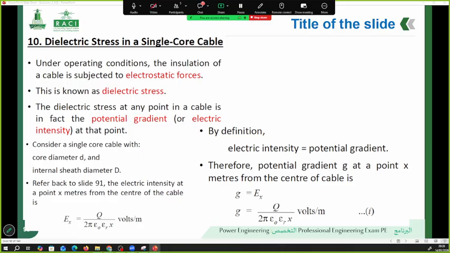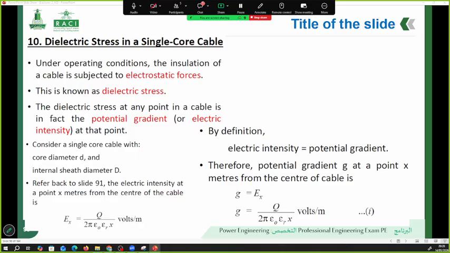In practical terms, dielectric stress represents the electric field intensity within the insulation and is directly related to the potential gradient at any point between the conductor and the shields.